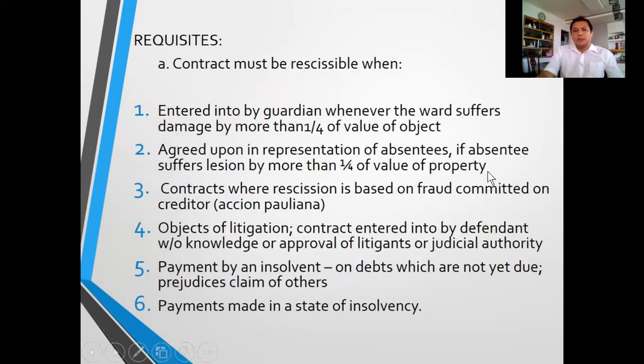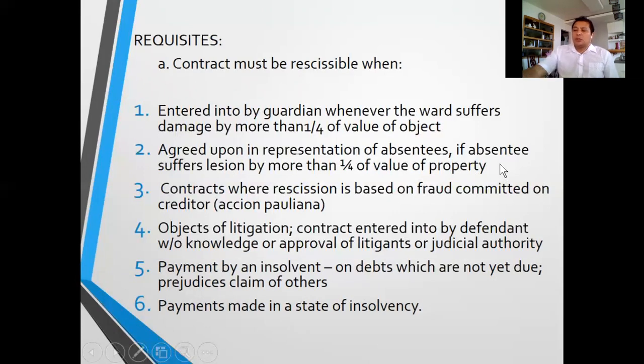The second recessible contract is when the agreement is entered into by a representative of an absentee. Meaning there's an absentee who is represented in the contract, and the absentee suffers lesion by more than 1/4 of the value of the property.